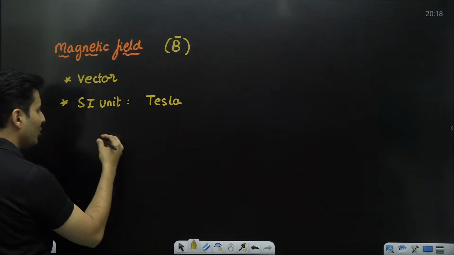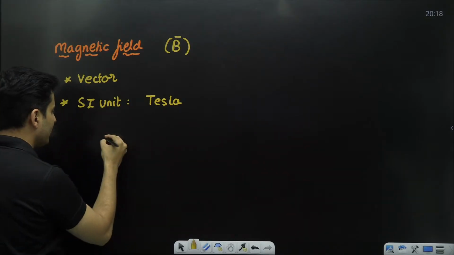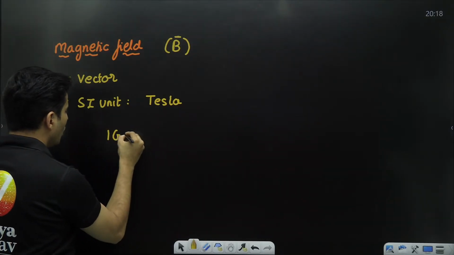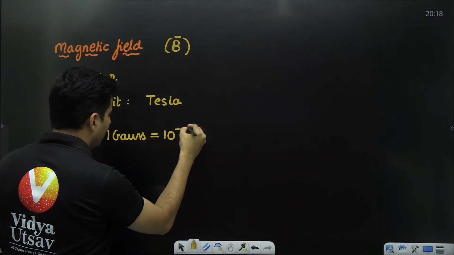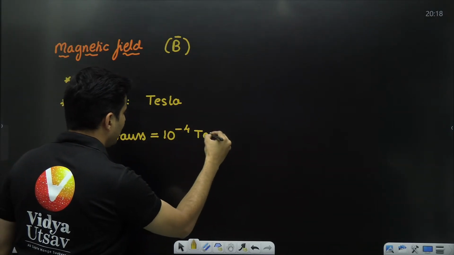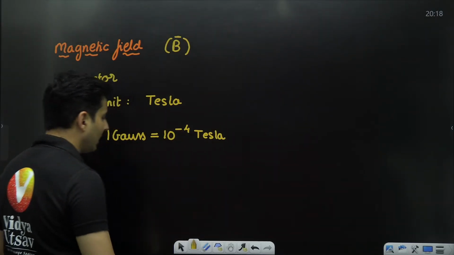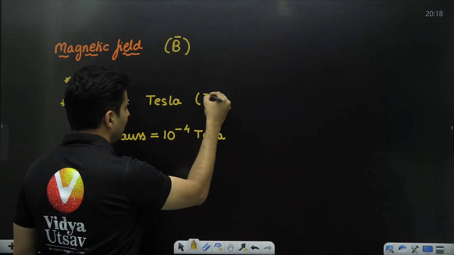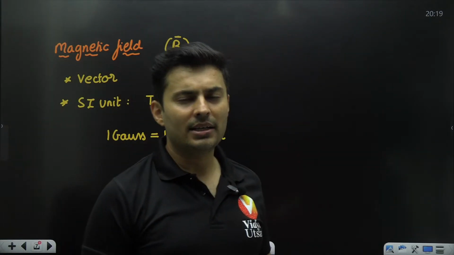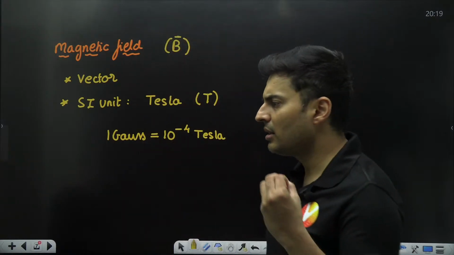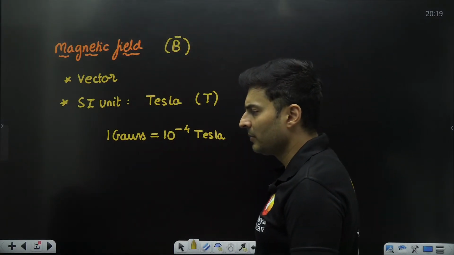But there is also another unit which is not SI, the Gauss. One Gauss, a smaller unit, is 10 to the power minus 4 Tesla. The short form of Tesla is capital T, like 10 T, 5 T, 0.1 T. So Tesla is the unit of magnetic field.